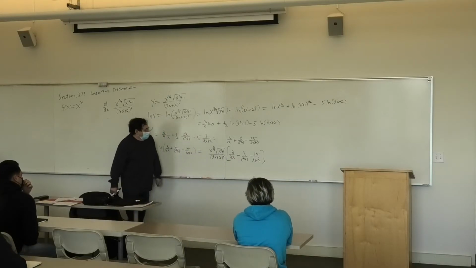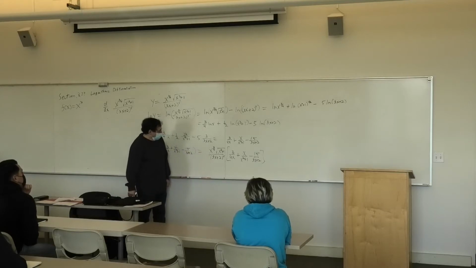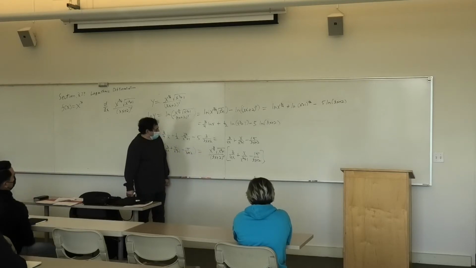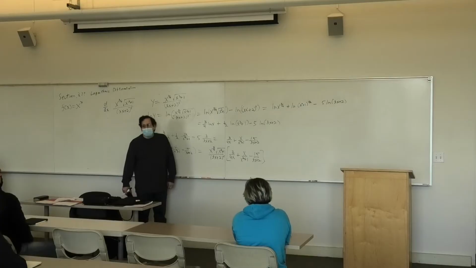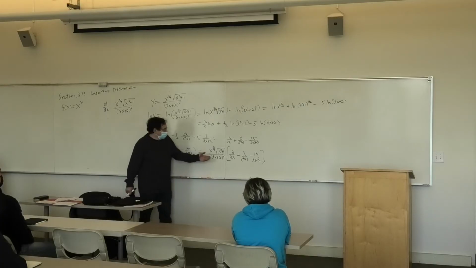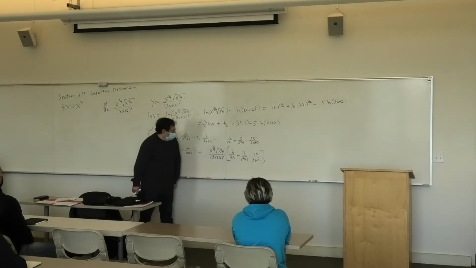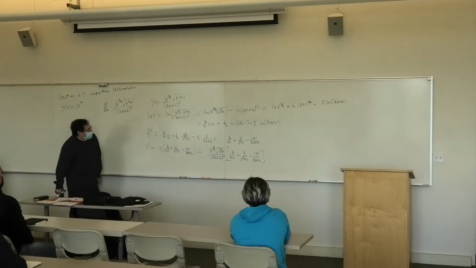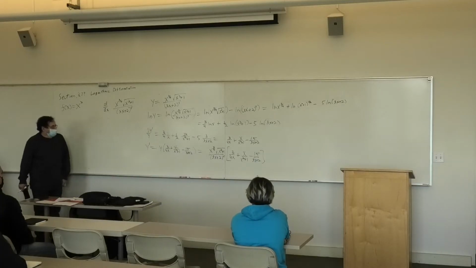It's a perfectly good solution if you need to find the derivative at a certain point. It's nice and easy to plug something in here. If you want to see what it looks like, pump it into a calculator, Desmos, and see what that crazy function looks like.